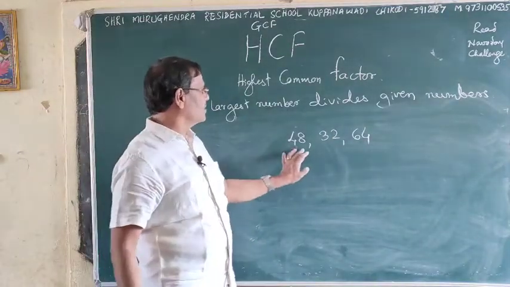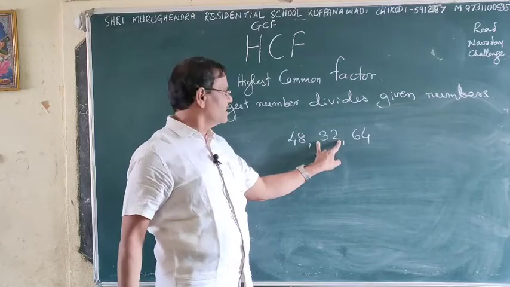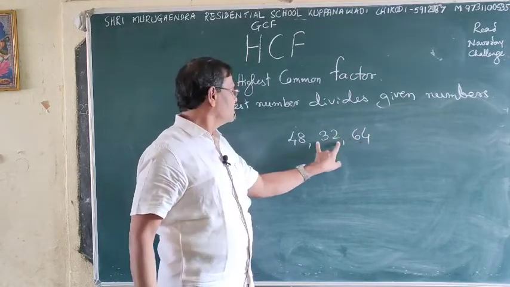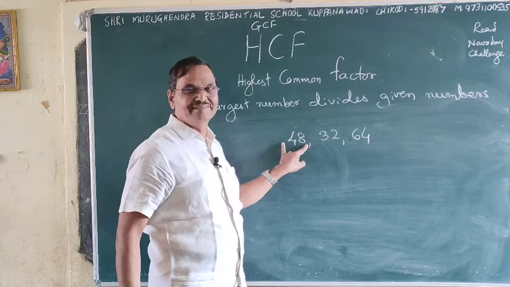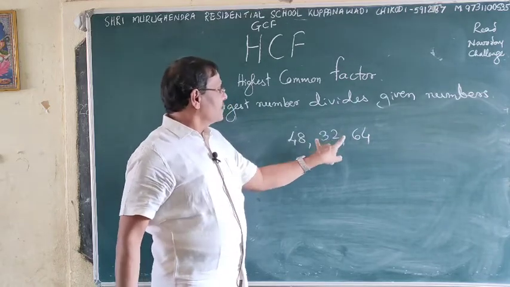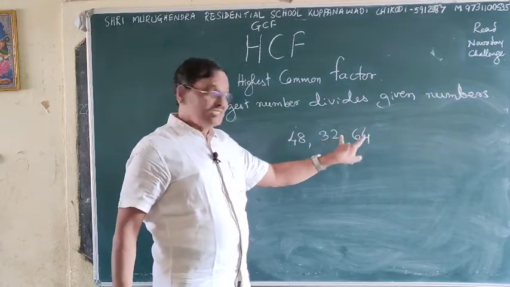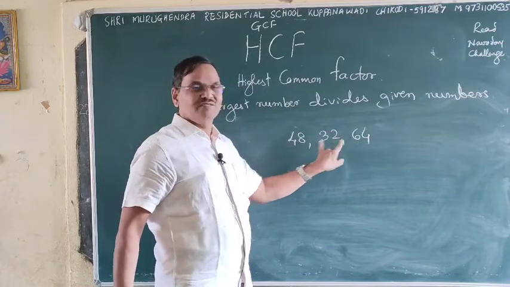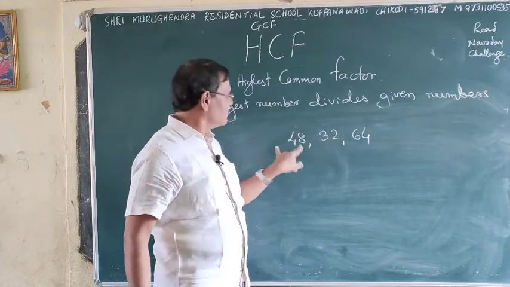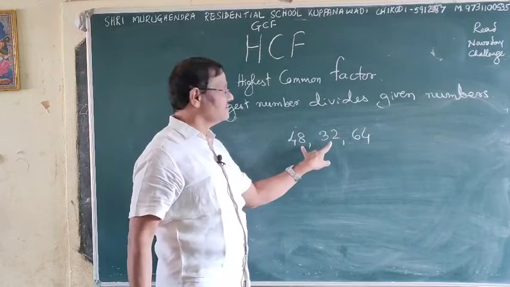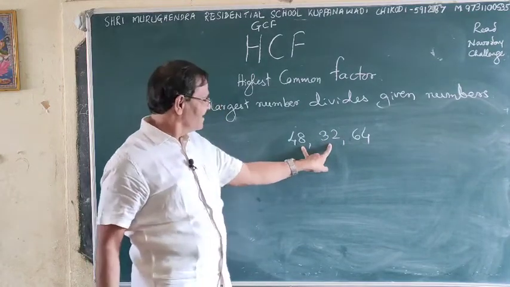Then say check 32. 32's double is 64. 32 is the HCF of 64 and 32 because it's the smallest number. Whereas 48, then you have to check these two, isn't it?